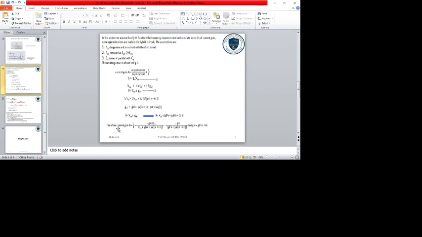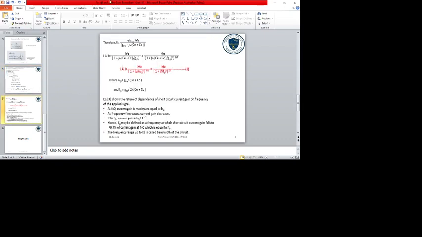So finally the total current gain can be obtained by using the expression of IL and IA. So AI is equal to minus gm by gb'e plus j omega (CE plus CC). Here gm is the product of gb'e and HFE. Now divide numerator and denominator by gb'e.